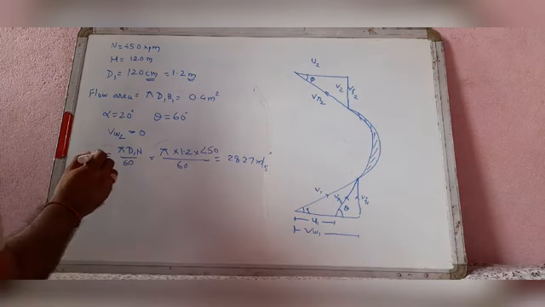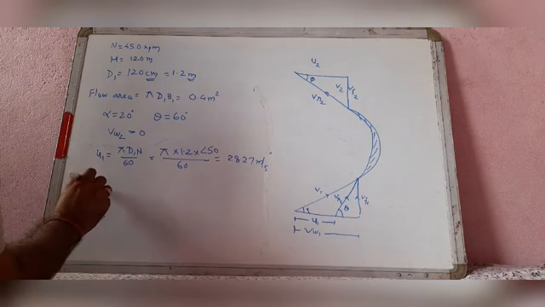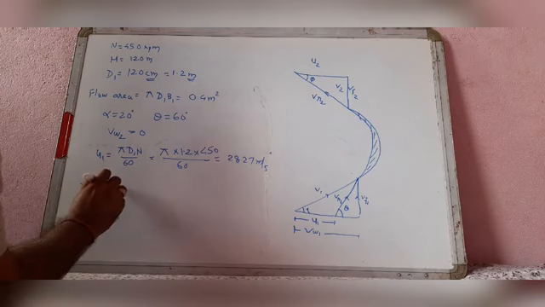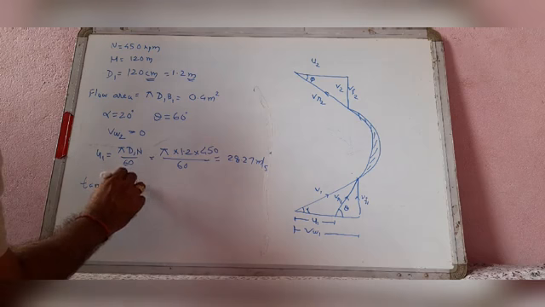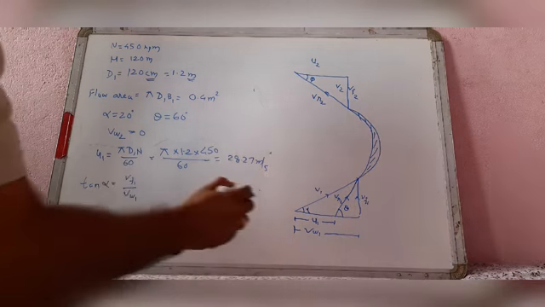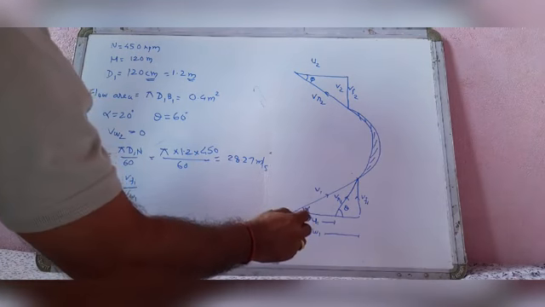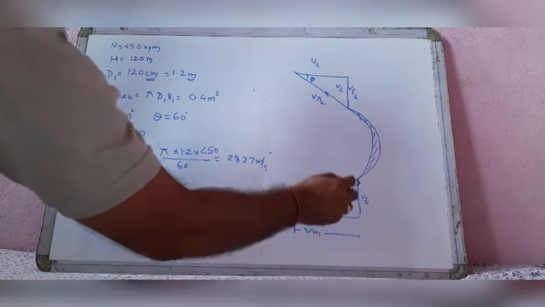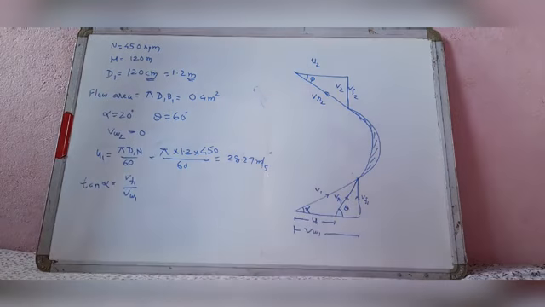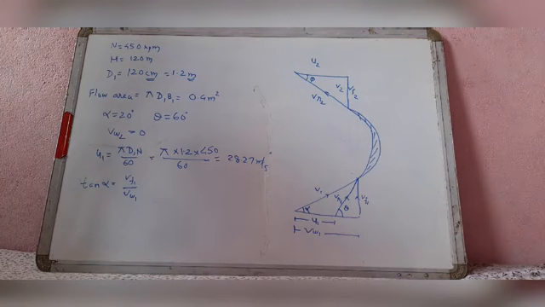And from inlet velocity angle, tan alpha equal to Vf1 by Vw1.